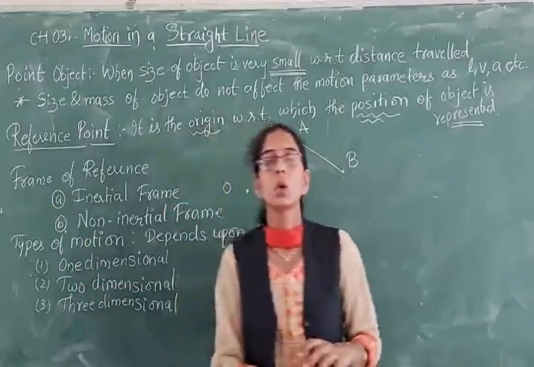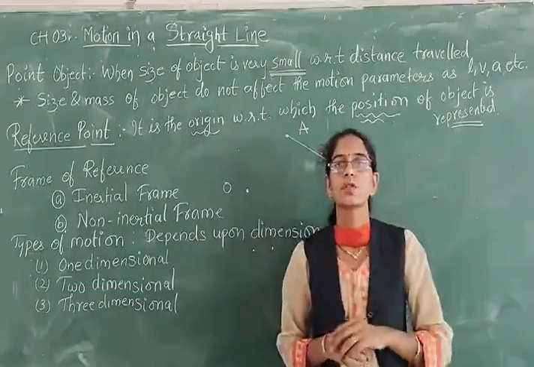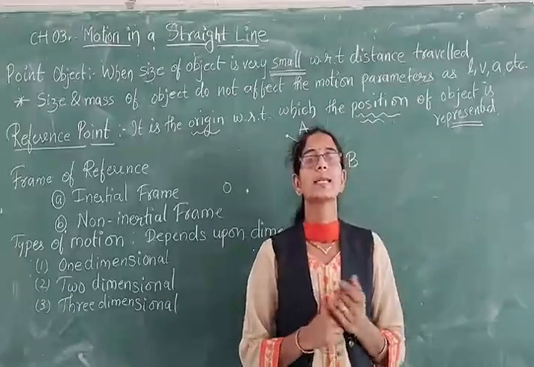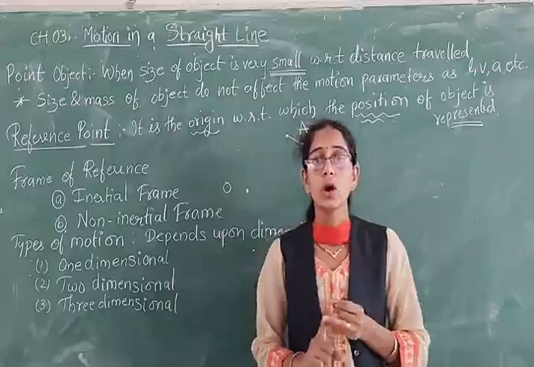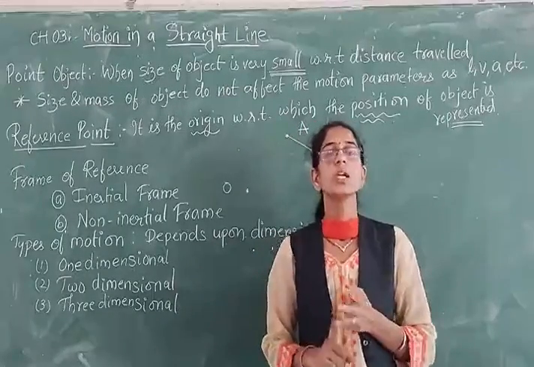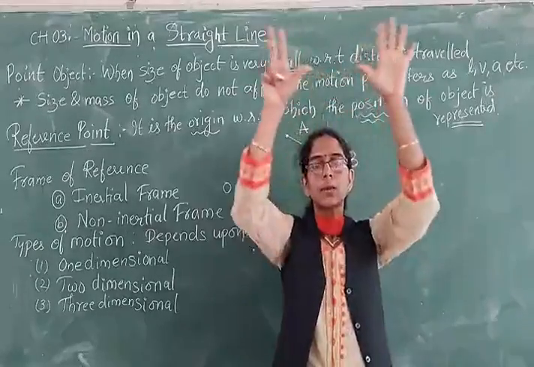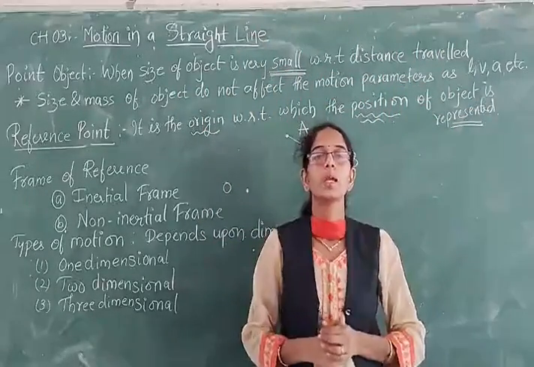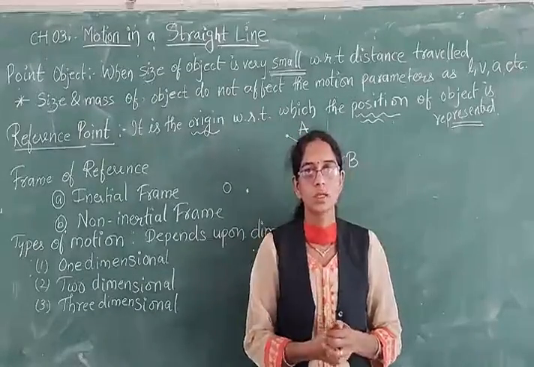Now, the term that is known as a frame of reference. We basically have two frames of reference. One is known as the inertial frame and the second is known as the non-inertial frame. The inertial frame is nothing but the surrounding wherein we are studying the motion of some objects.